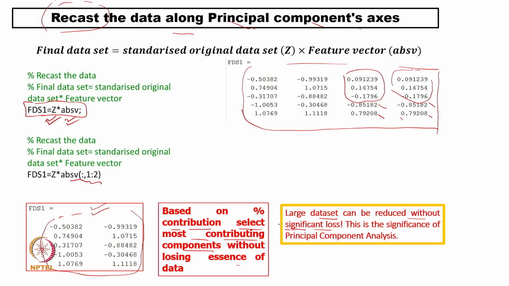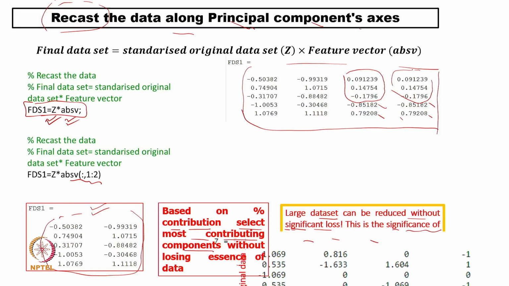I am saying significant loss because in this example we found that if we reject f3 and f4 in the values, or maybe say eigenvectors and eigenvalues, then we will have around 12% loss, but it is not a very significant loss. And this is the importance of principal component analysis. So, this is the main utility of principal component analysis.